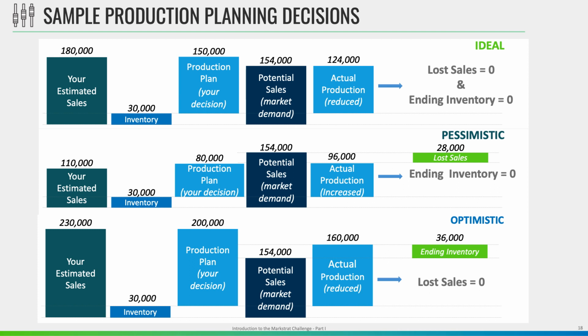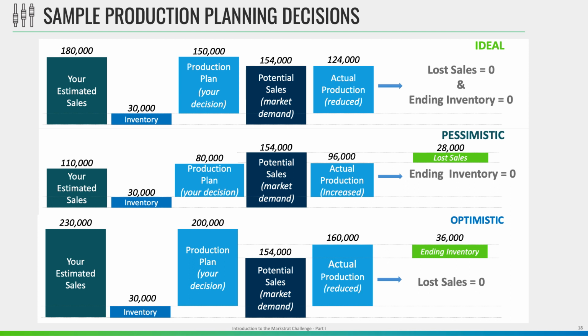On this slide, if we move from left to right and start at the top, this is an example of production request and actual demand and what happened subsequently. So you see in the upper left box your forecast of sales of 180,000, and let's say you have 30,000 of them in inventory. So with that, you would request 150,000 to be manufactured because you think you're going to sell 180, and you have 30 sitting in the warehouse, so you asked for 150.